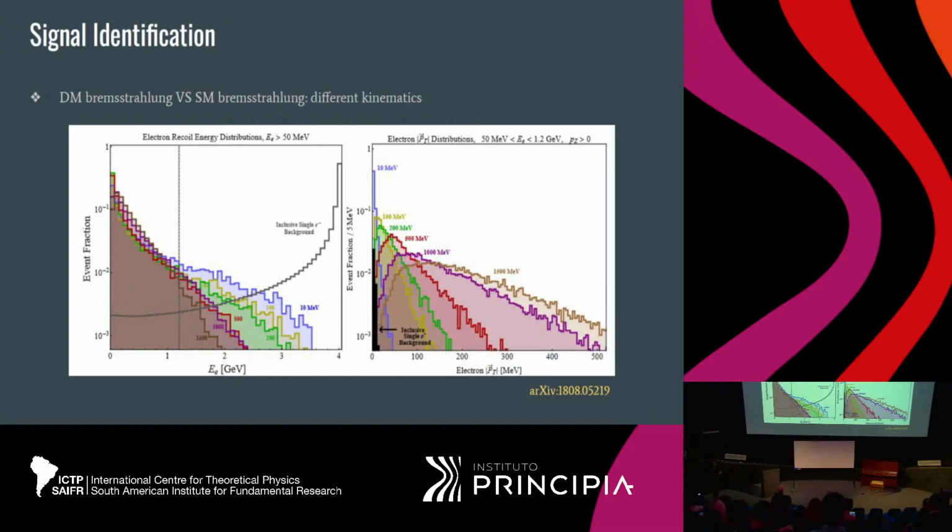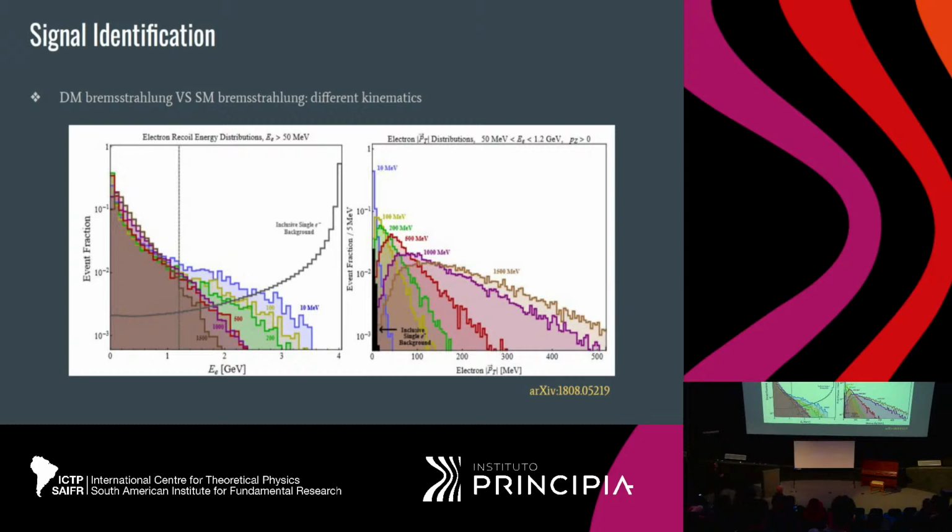Otherwise, if you look at the transverse momentum of the electron, you will see that for the regular Bremsstrahlung, this quantity is almost always 0, while instead for dark matter, the momentum distribution has a significant, observable quantity, because obviously dark matter is light but has mass, and so there is a kinematic difference.